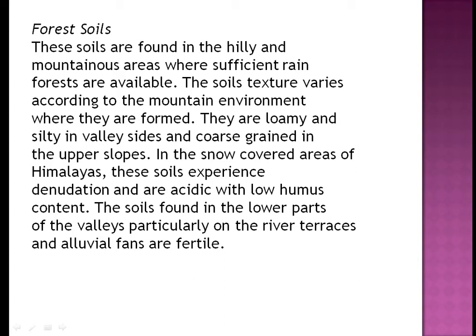In the snow-covered areas of the Himalayas, these soils experience denudation, that means they are acidic, with low humus content. That means something is removed from the soil. The soils found in the lower part of the valley, particularly in river terraces and alluvial fans, are fertile. So, this is the forest and mountain soil.